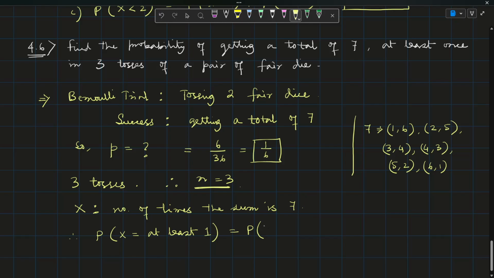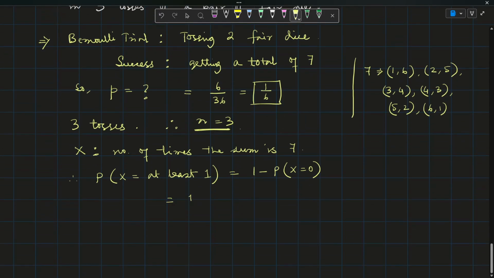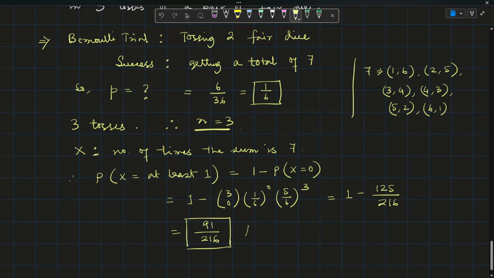So probability x at least once means 1 minus probability of x equals 0. So 1 minus 3C0, 1/6 to the power 0, and 5 by 6 to the power 3. So after calculation, we will arrive at the value 1 minus 125 by 216, which is 91 by 216.